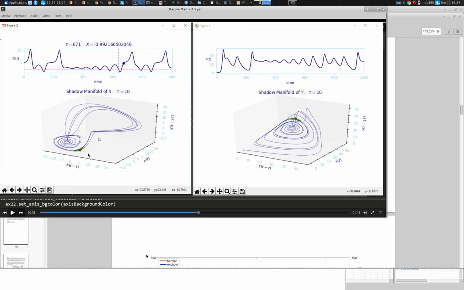points where the system was at these nearby points in the state space. Does it correspond to a tightly coupled thing over here? Because if it does, it's suggesting that whenever the system is at this point, the system over here is at this point within it. Okay? So this red corresponds to the red one over here at the same time.